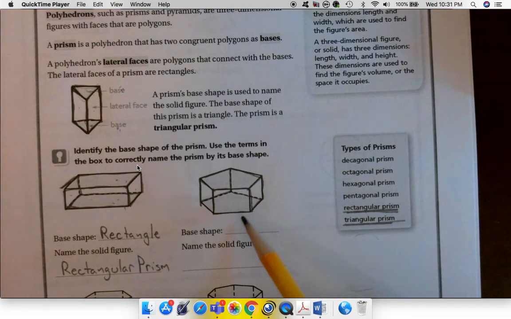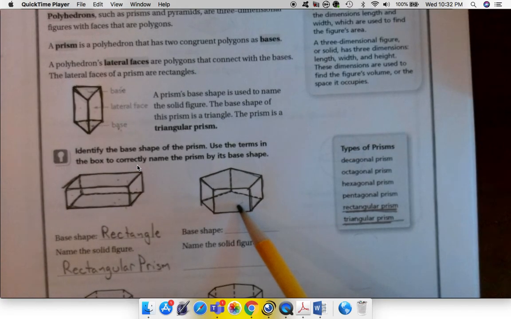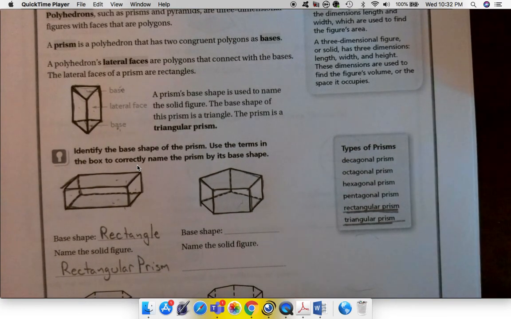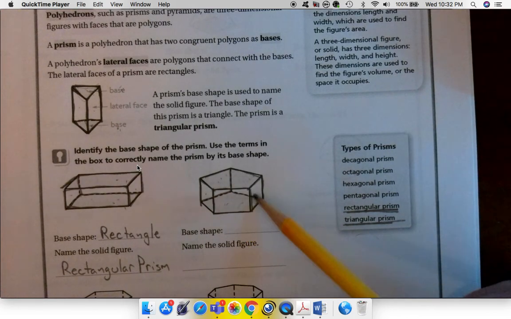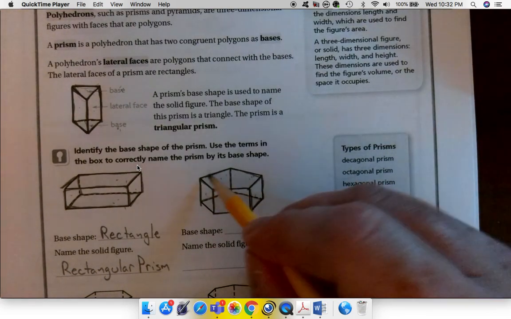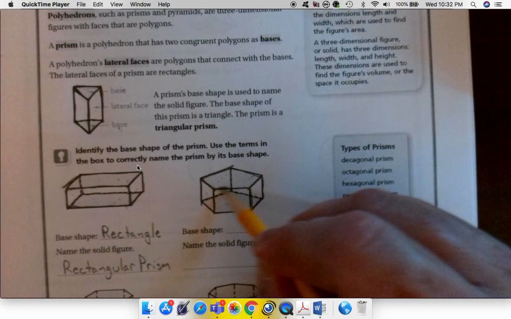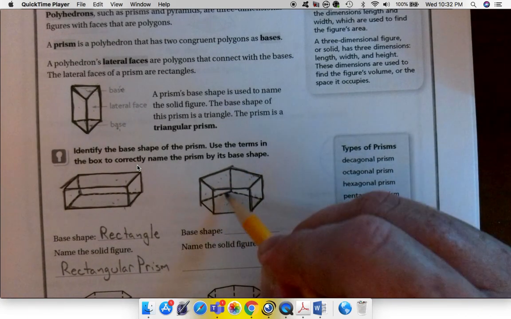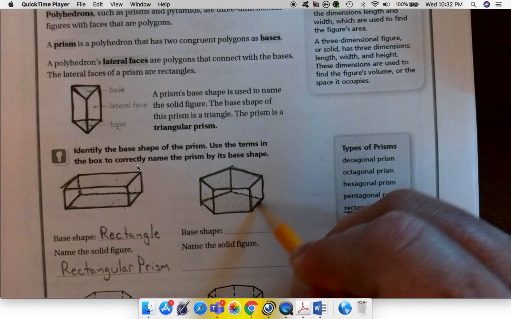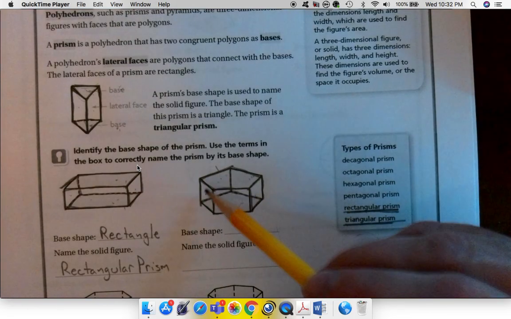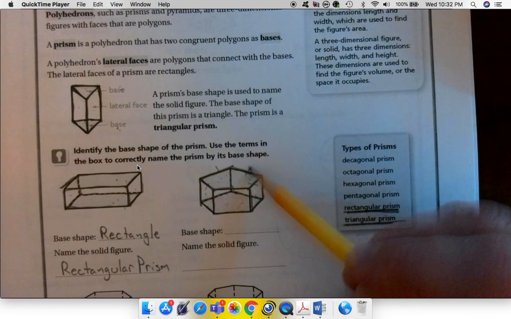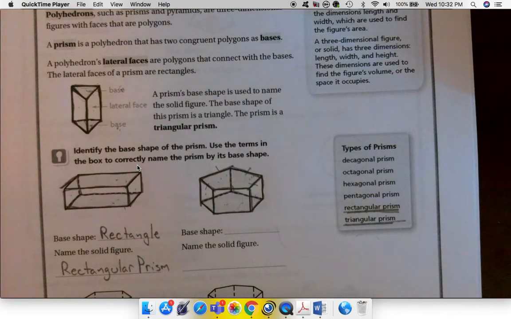Now, I don't really ever see boxes like this. I'm sure they exist. I don't get a chance to see them. Well, all of my lateral faces are rectangles. What shape do you see here for the top and the bottom? Let's count the sides. 1, 2, 3, 4, 5. Five-sided figure. That's my base.